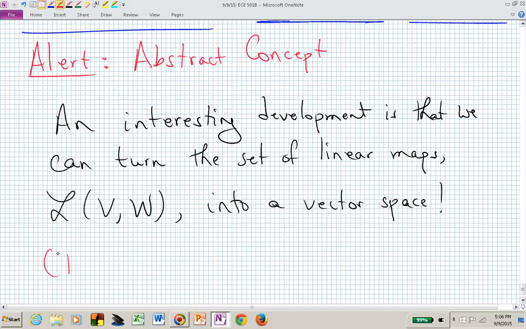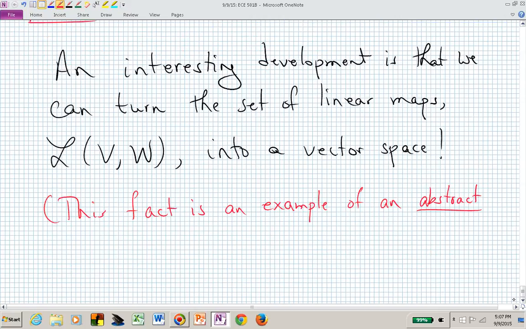Again, this fact is an example of an abstract vector space.